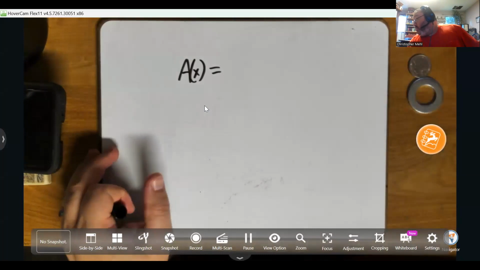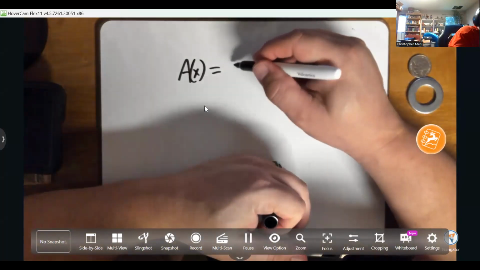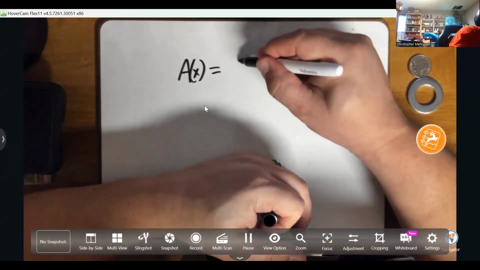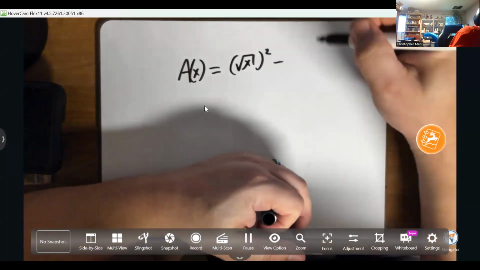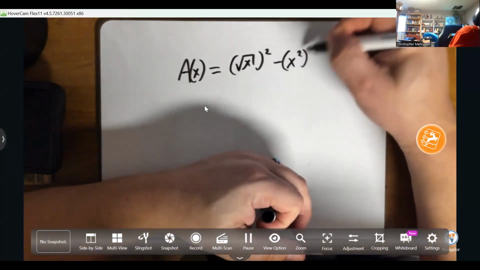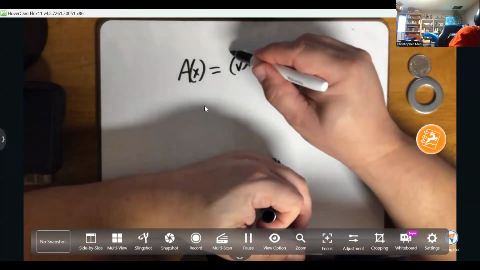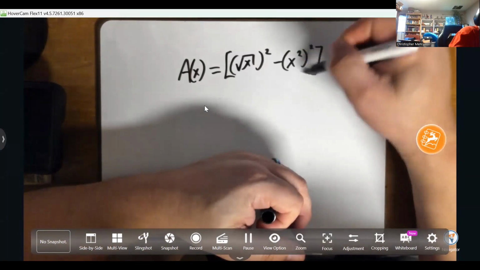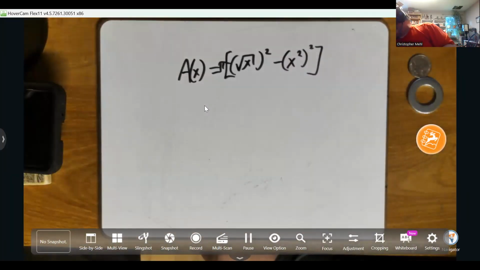Okay, so the outer radius was the square root of x, so it's square root of x squared minus x squared squared, both of those times pi.